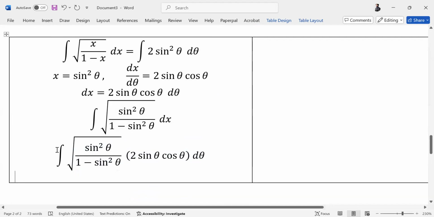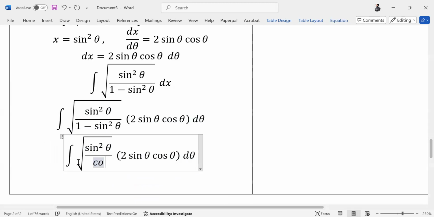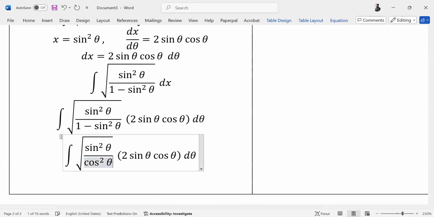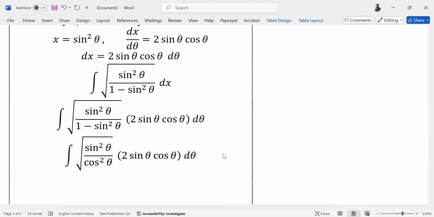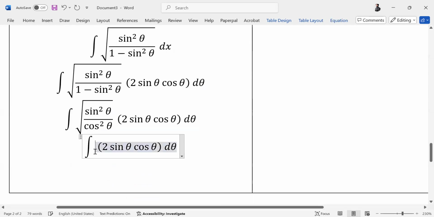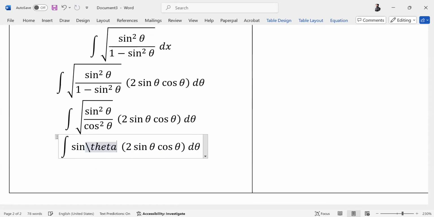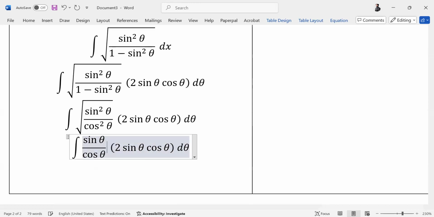What about these under roots? So this can become cos square theta. And इनका रूट कैसे लेते हैं भाई? I did not bother making it tan square. So I end up getting sine theta upon cos theta.